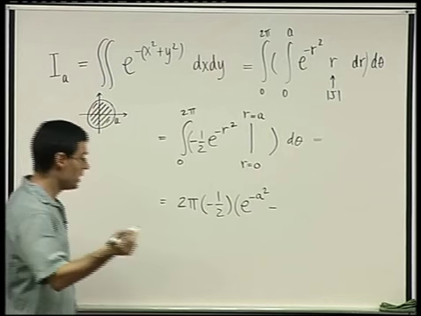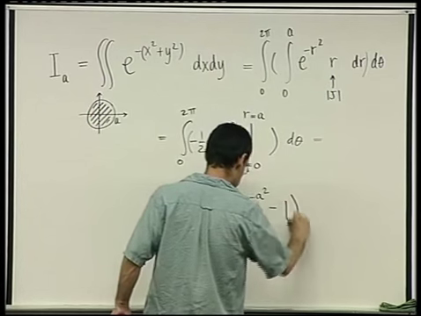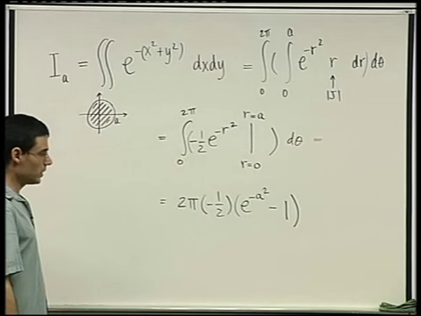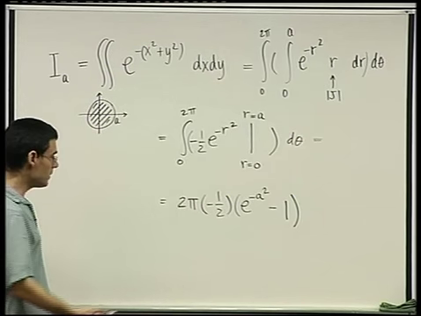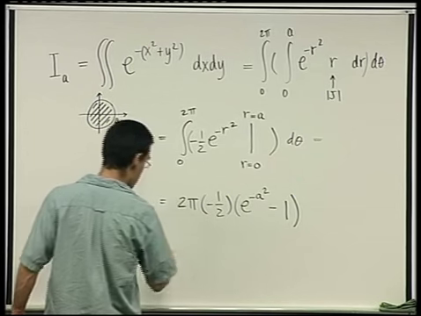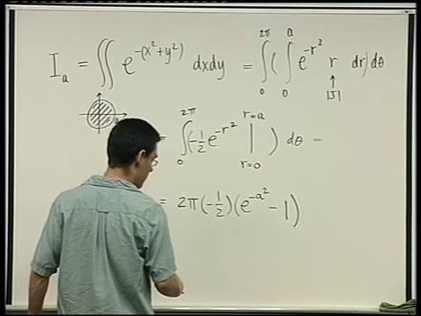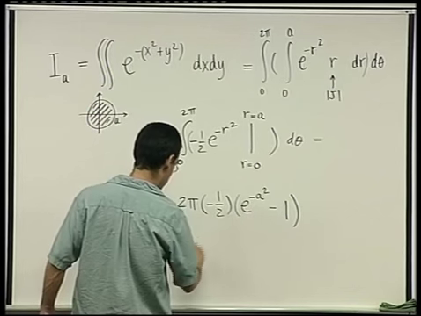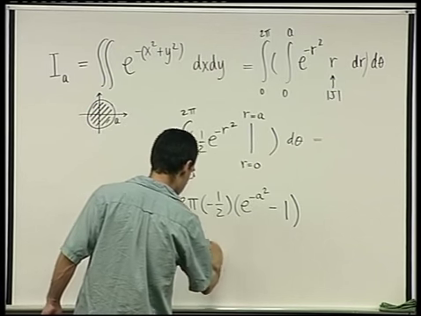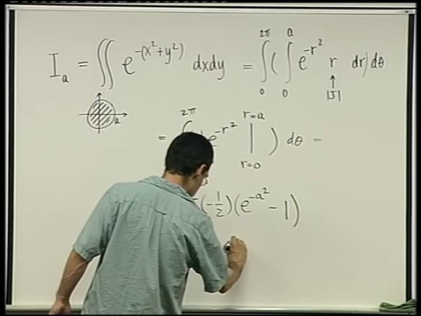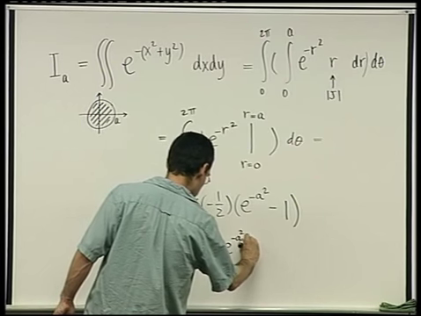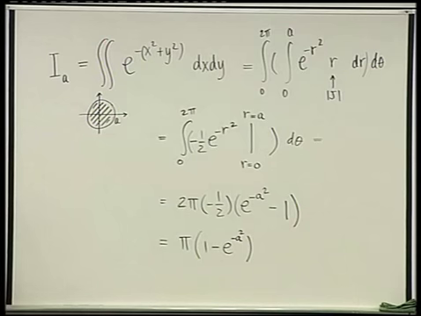E to the 0 is 1. Good? And this could be simplified a bit, so 2 times 1/2 goes away, and the minus we can throw in, and we can write it pi times 1 minus e to the minus a squared. Do you agree? Everybody?